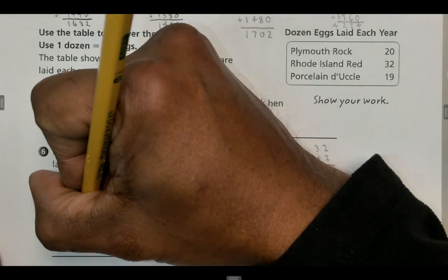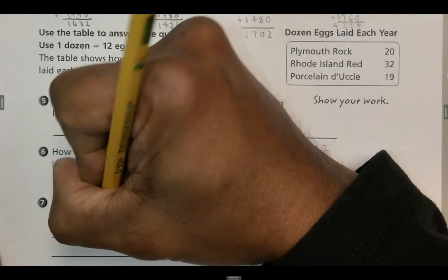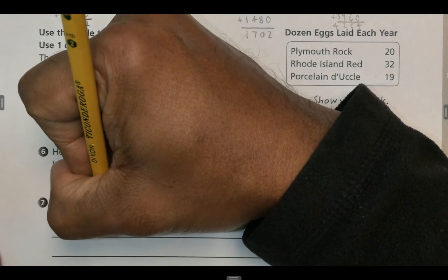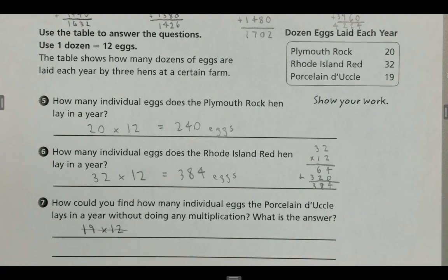So 19 times 12 would be the logical approach to answering this question. But of course, to make it a challenge or to throw a curveball at us, we've been asked to do this without any multiplication.